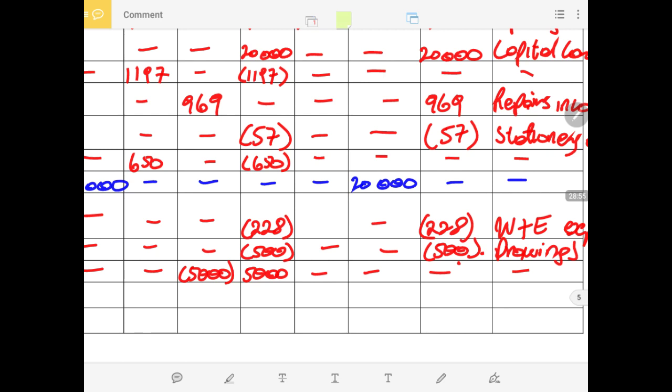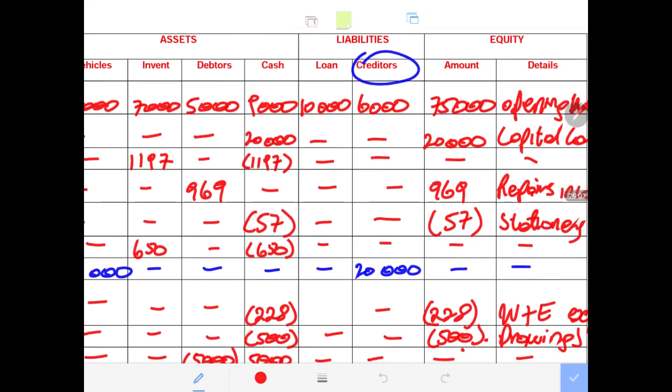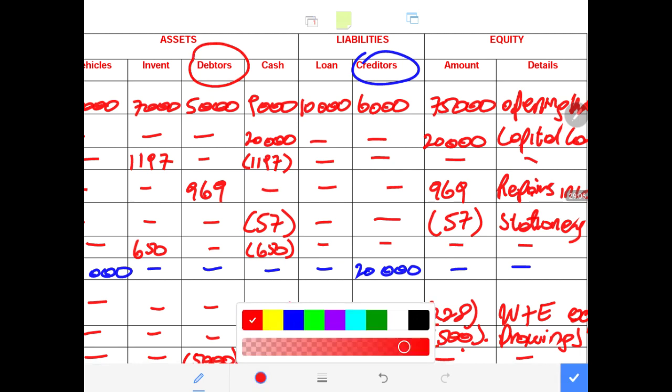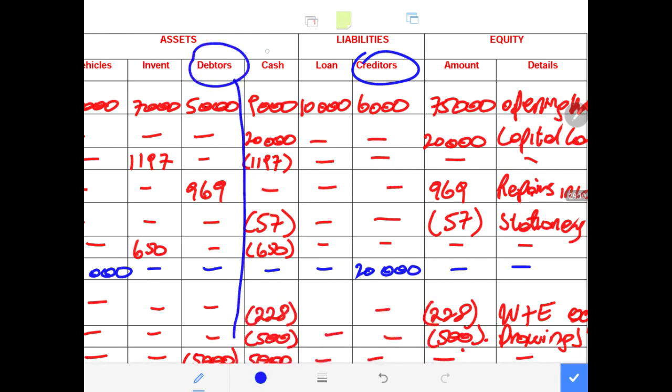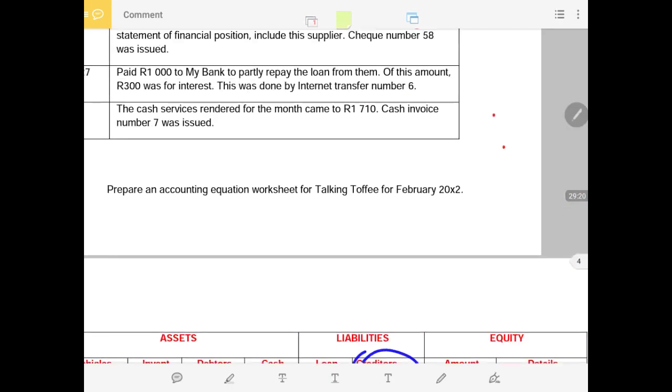Now we have recorded this entry and we can go to the next one. Just take note that the headings are aligned. This is the debtors heading, and under our debtors heading we record the 5,000 as a minus, and under our cash or bank this is an amount of 5,000 positive. So take note of that, make sure that you record in the right columns.